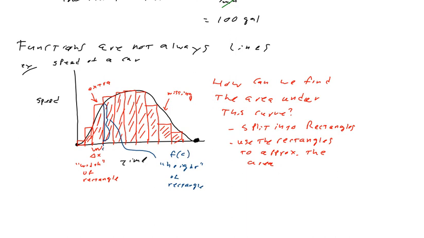It's the function value. It's the height of the function here. f of c. So we have this function height times the width of the rectangle, and we add together all the different rectangles to get the approximation of the area under this curve.